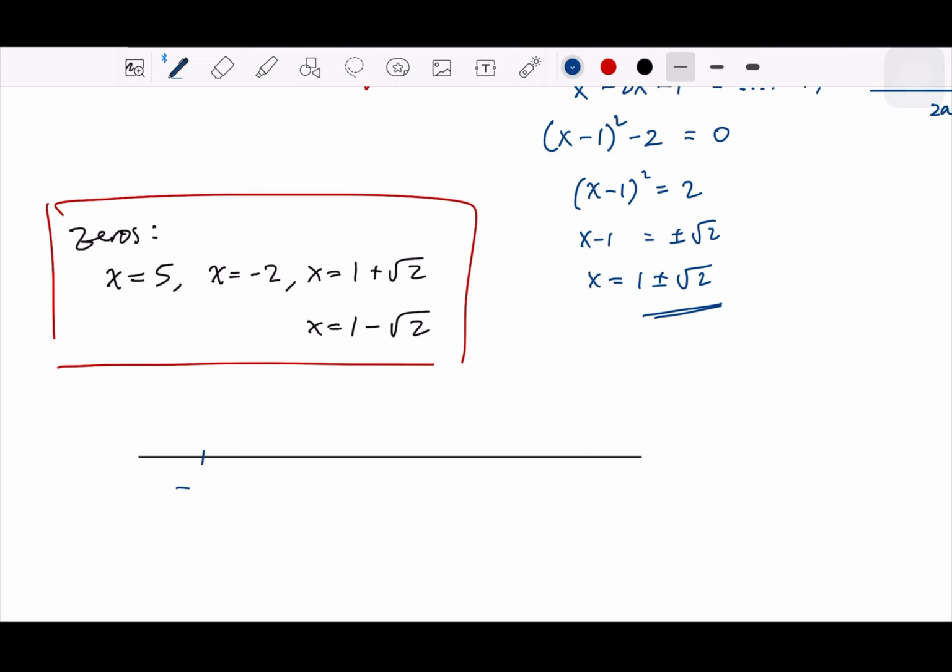So negative 2, 5. Well, 1 plus square root of 2 is around 2 point something. So let me put 2 point something here. This is for x equal 1 plus square root of 2, and 0 point something is for 1 minus square root of 2.